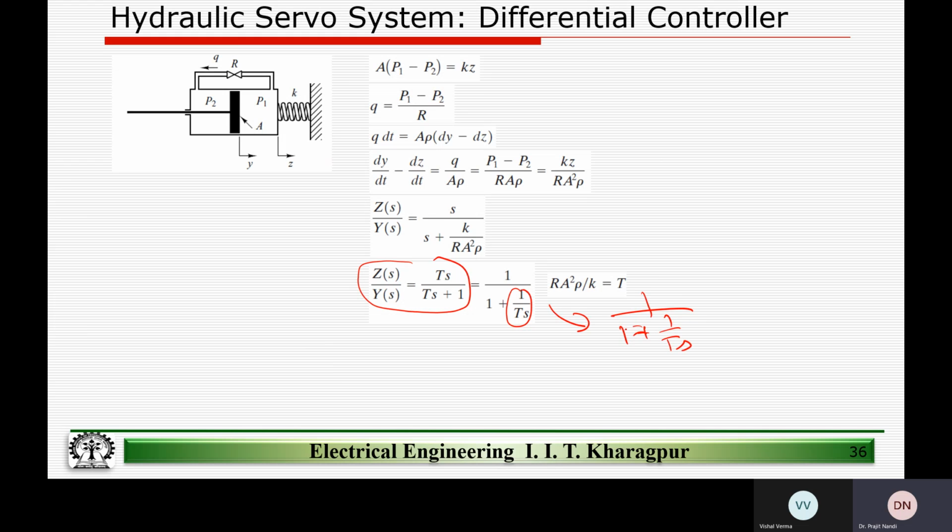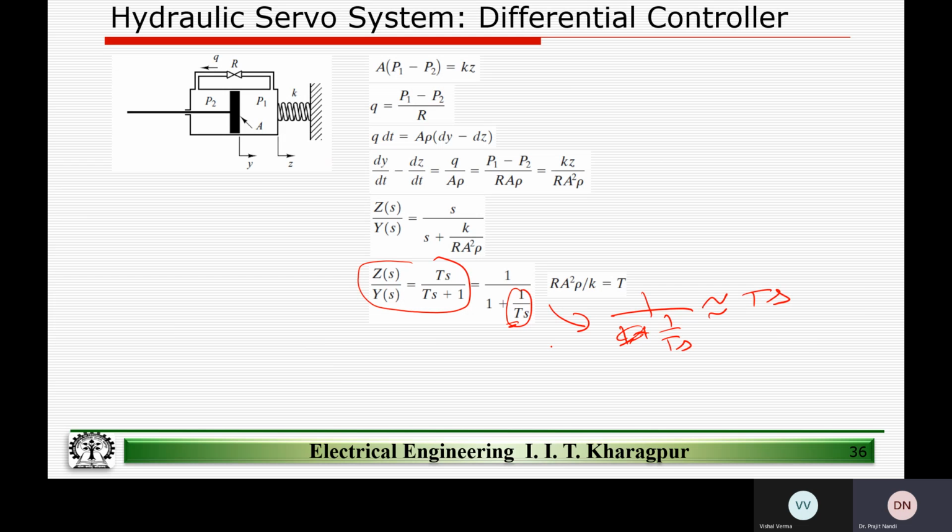So if T is small, this we can neglect, and this becomes approximately equal to Ts, right? So to make this work as a differentiator, we need to ensure that the time constant associated with it is as small as possible.